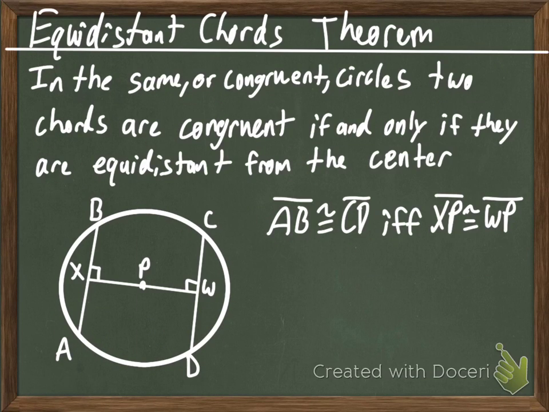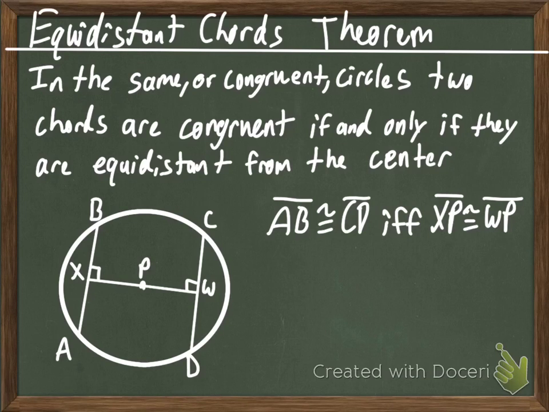And finally, we have the equidistant chords theorem. In the same or congruent circles, two chords are congruent if and only if they are equidistant from the center. So we have chord AB and chord CD, and they're congruent if and only if XP is congruent to WP.